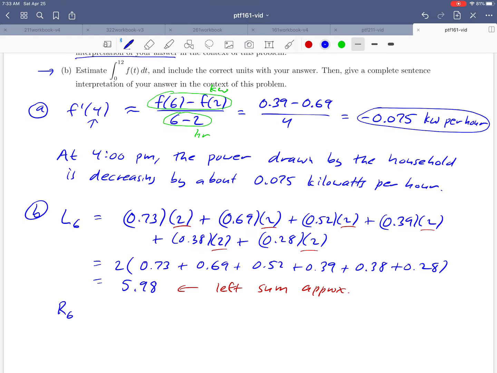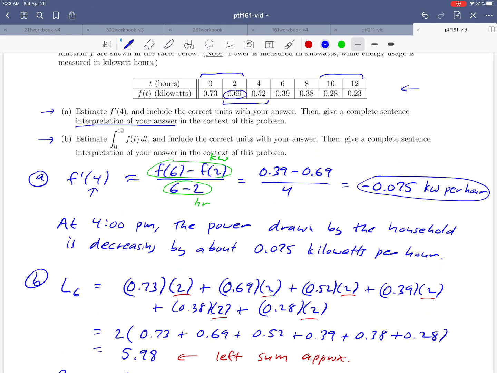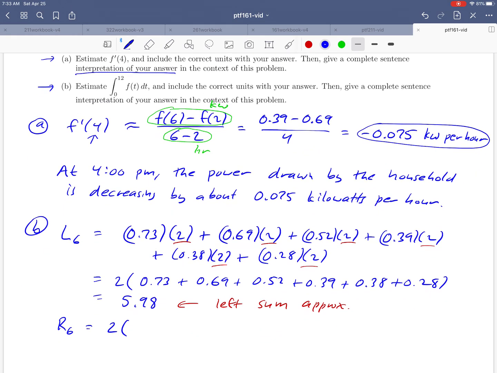So I'm going to do one more calculation here where we do the right sum. It's going to look almost the same as what we did. We're going to have rectangles of width 2, but this time we focus on the right-hand endpoints. So for the first subinterval between 0 and 2, we start with the number 0.69, the right-hand endpoint of that first interval, and then we continue.